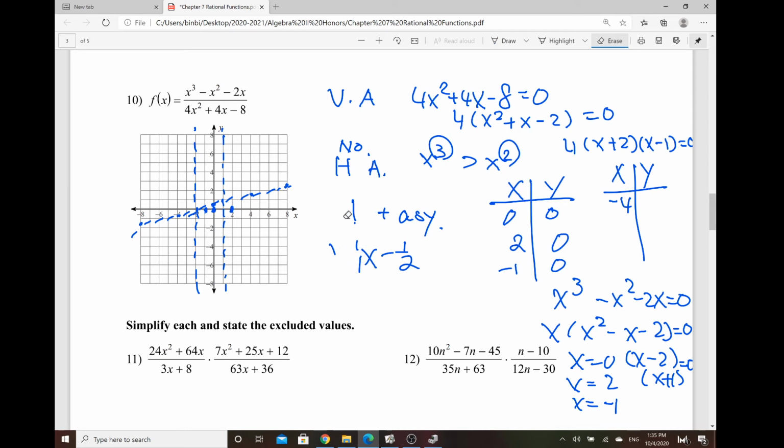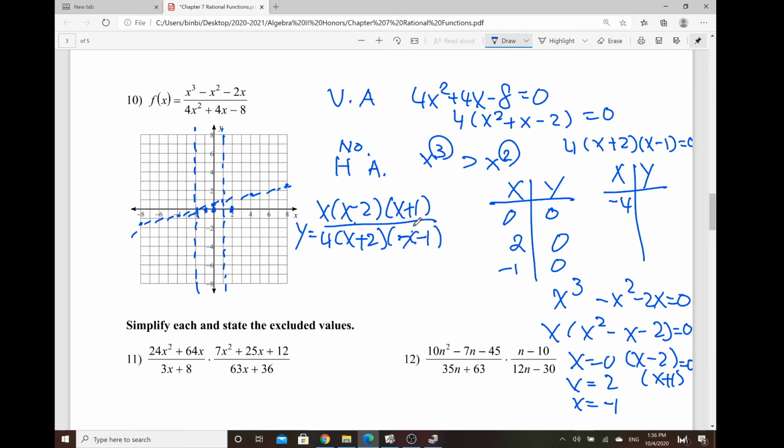So what you want to do is factor the rational function, top and bottom. The numerator, which we just did, is x times x minus 2 and then x plus 1, all over the denominator. This one we factor as 4 times x plus 2 and x minus 1.